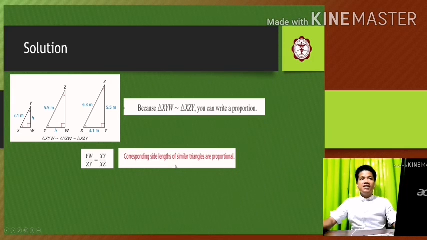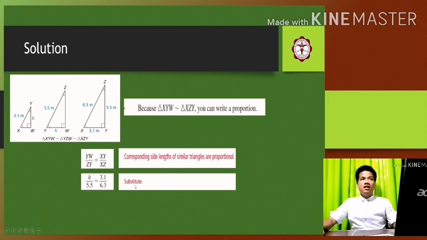So after that, we will have h is to 5.5 is equal to 3.1 is to 6.3, or h over 5.5 is equal to 3.1 over 6.3, and that is by the substitution process.